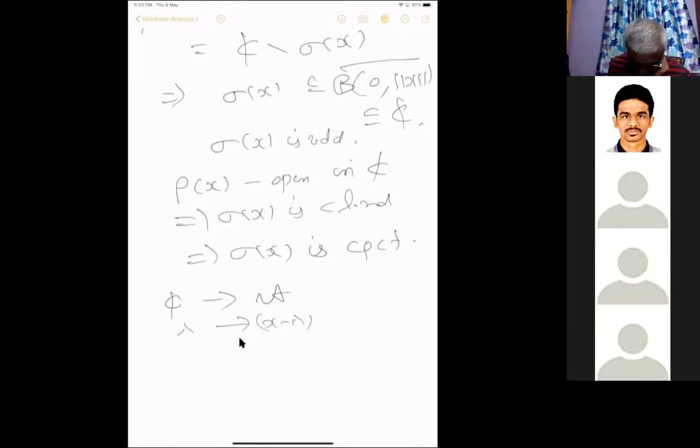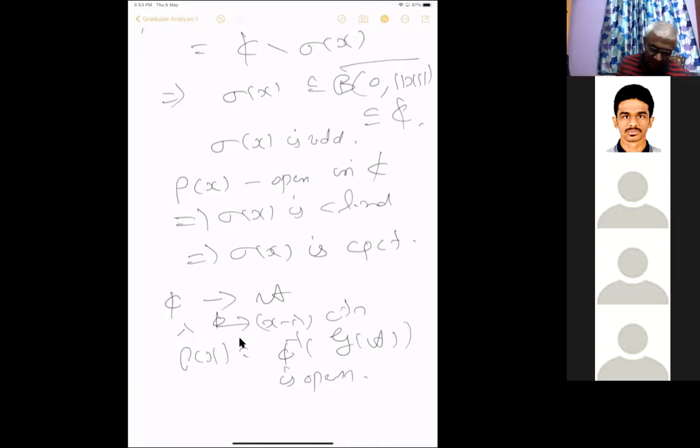And rho of x is just the inverse image. This map is continuous, of course. Call this map phi; then rho x is just phi inverse of G of A, which is open. Phi is continuous, so it is the continuous inverse image of an open set. Okay, that's all.